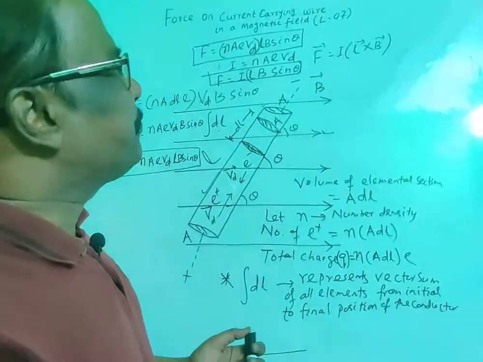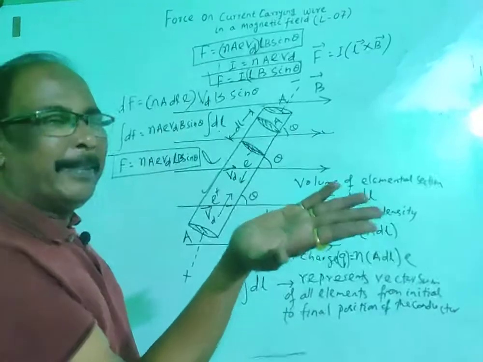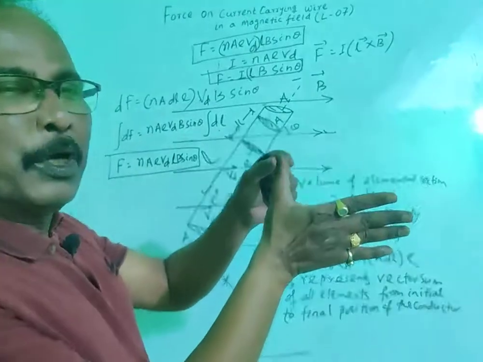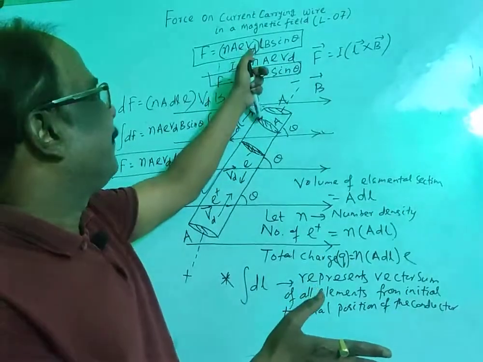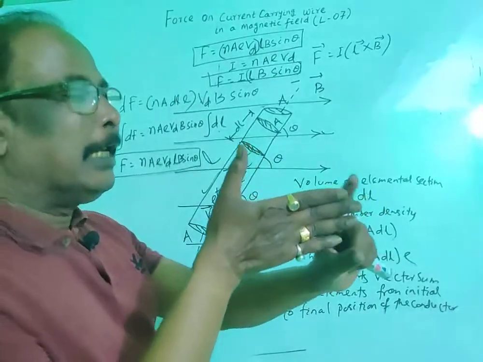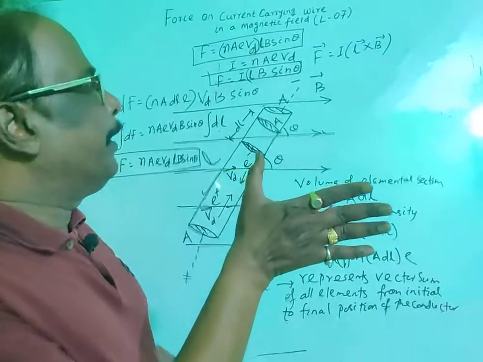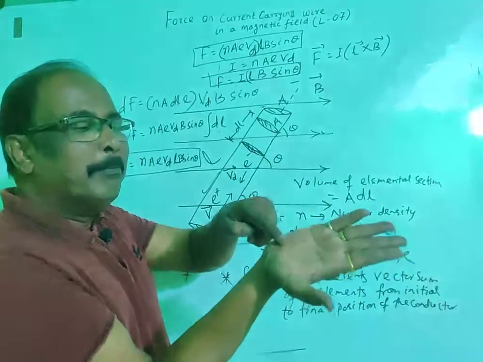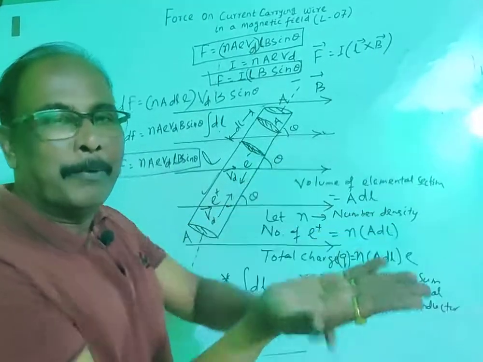Okay. As per the right hand rule, the thumb represents the motion of charge carrier, meaning the direction of velocity of the charge carrier. These four fingers represent the direction of magnetic field, and the palm represents the direction of force.